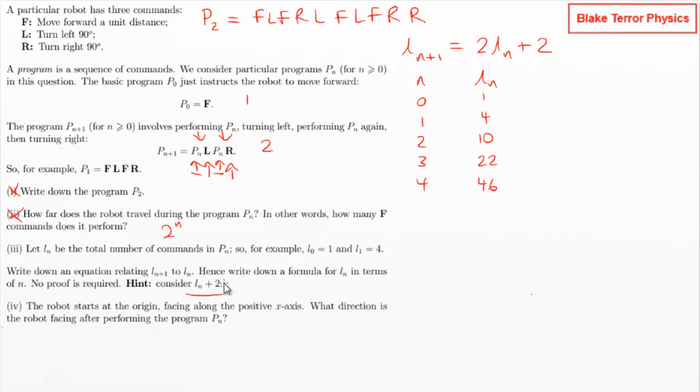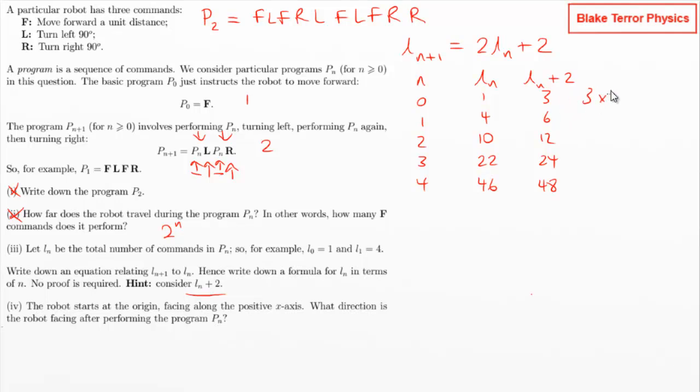And they're saying consider Ln plus 2. So Ln plus 2 will then be 3, 6, 12, 24, 48. So they've made them all multiples of 3. And we're doubling up each time. So we're going to have something to do with powers of 2, and probably something to do with multiples of 3.